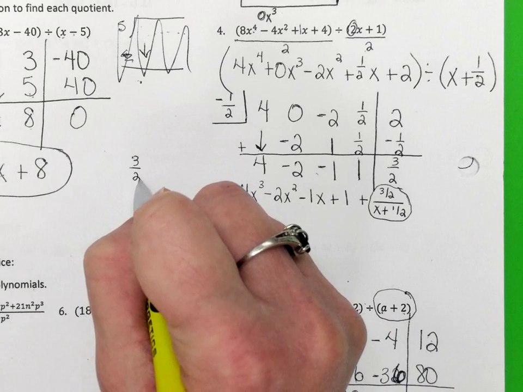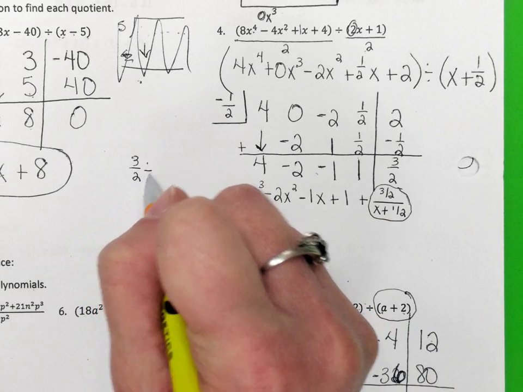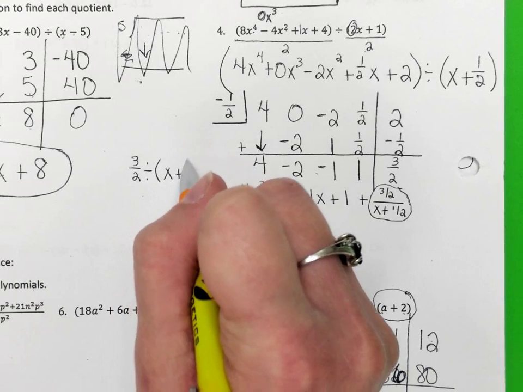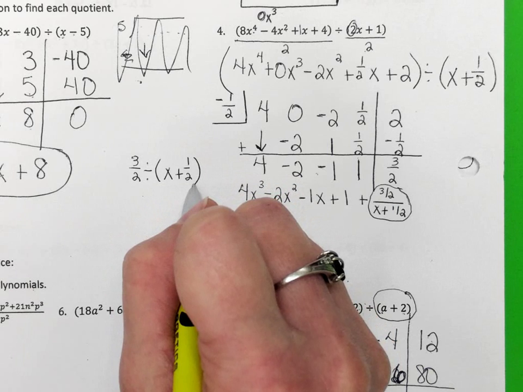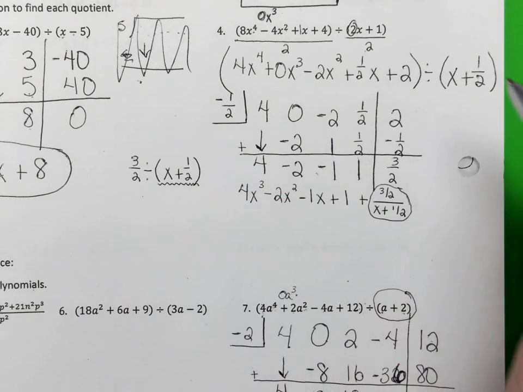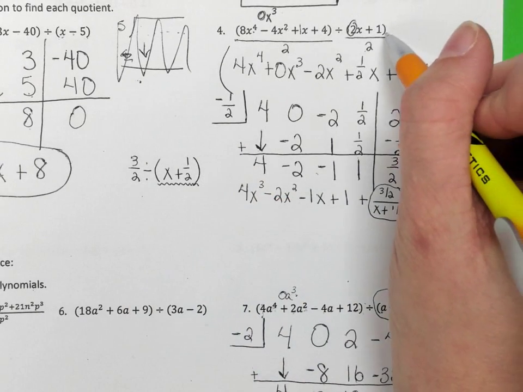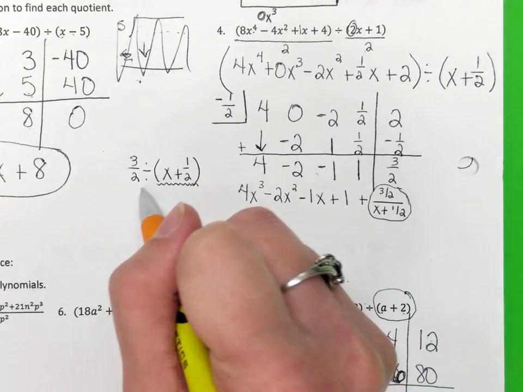And instead of writing the divide bar, I'm going to write the divide symbol like we were doing earlier. And then x plus 1/2. Are y'all okay with that? We have to change this piece, though, back into what it originally was before we divided it. So 2x plus 1 over 2.